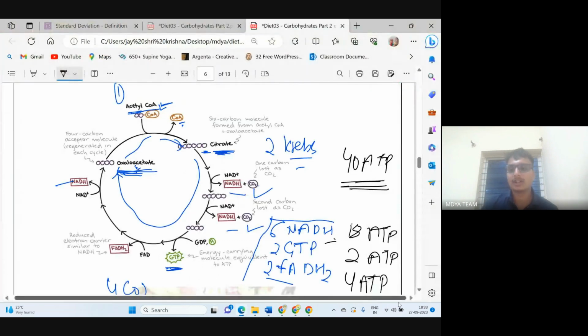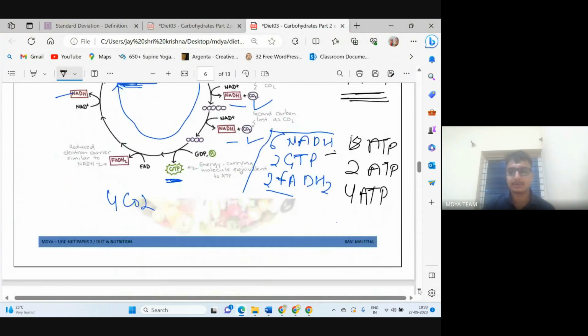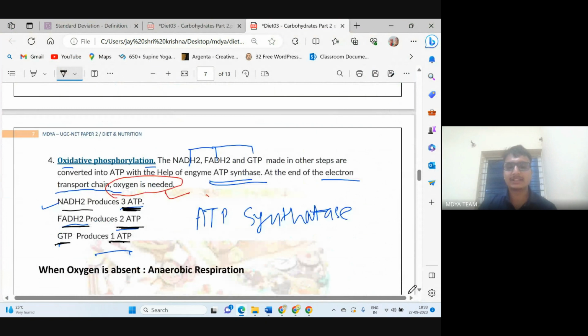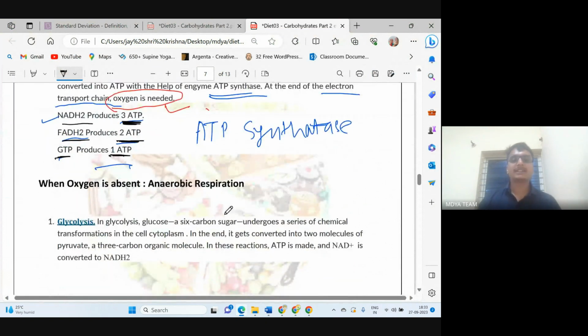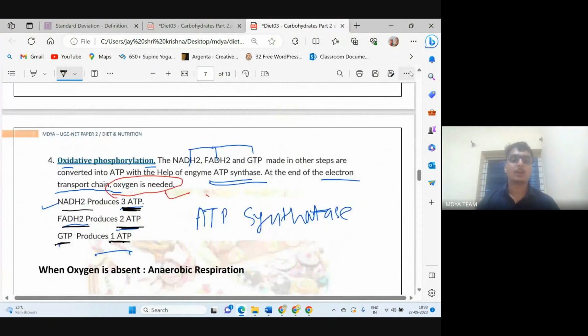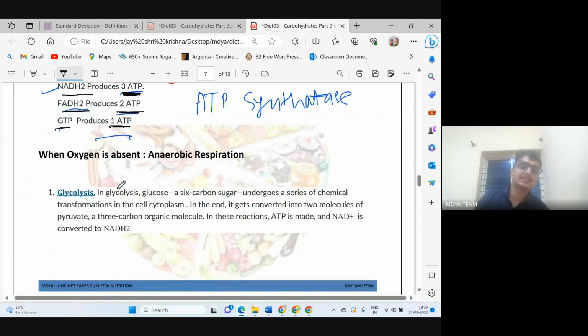So this is all about aerobic respiration. Now, what happens in anaerobic respiration? Aerobic respiration is the one in which our body has enough oxygen to carry out this last step. Now, what if our body doesn't have oxygen?